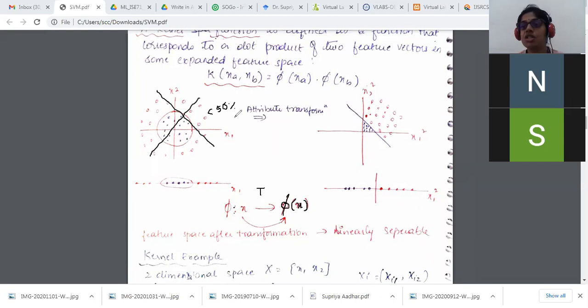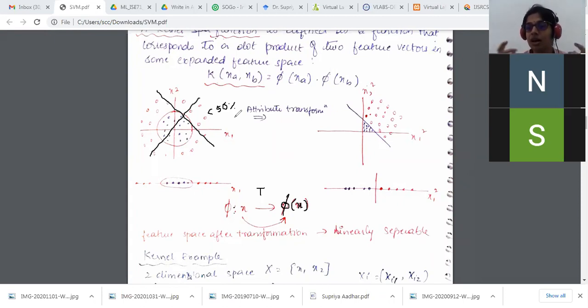Such transformations, we call the kernel trick. SVM kernel trick. It's what I told you: they're changing its orientation, there is a value that is added onto it. What is that value? It's a constant. The kernel itself is a constant here. You're applying that constant to all the points and making their orientation different.